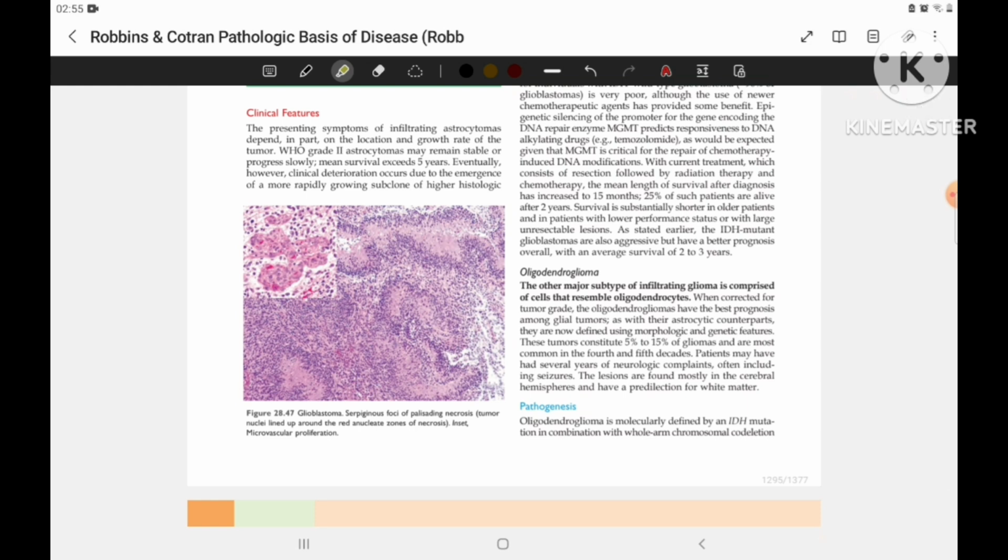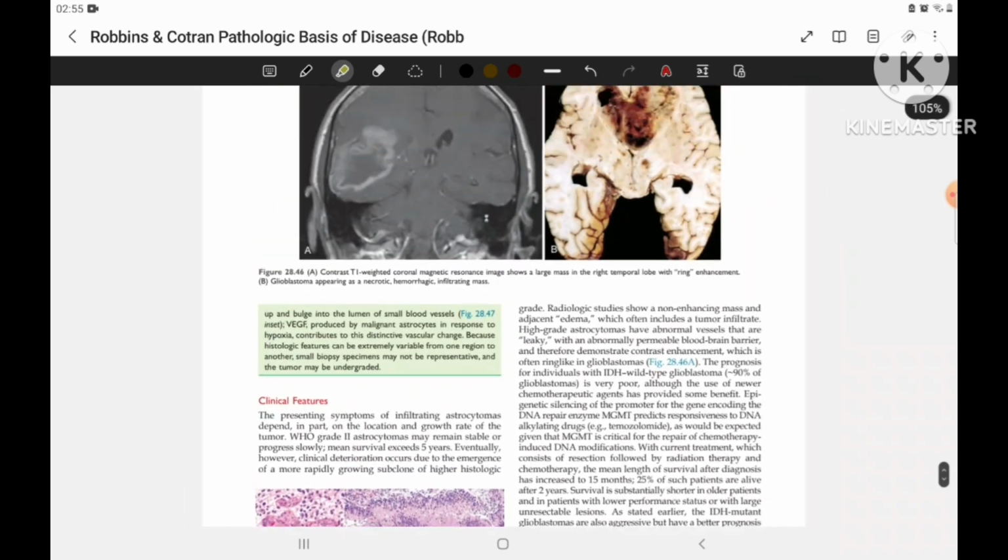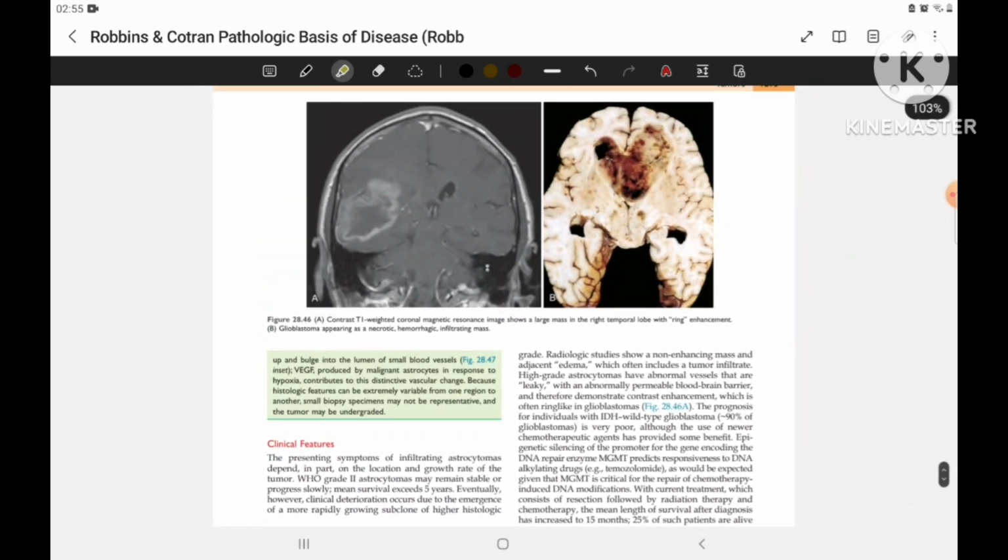See the serpiginous necrosis, the geographic necrosis. If any of you have seen the Mr. Bean cartoon, Mr. Bean would fly in a plane looking for a country on his map.